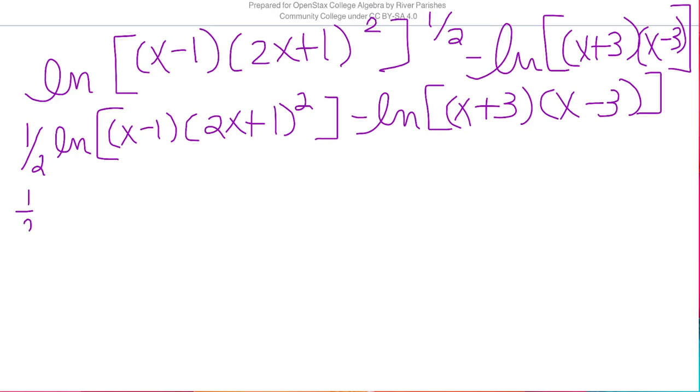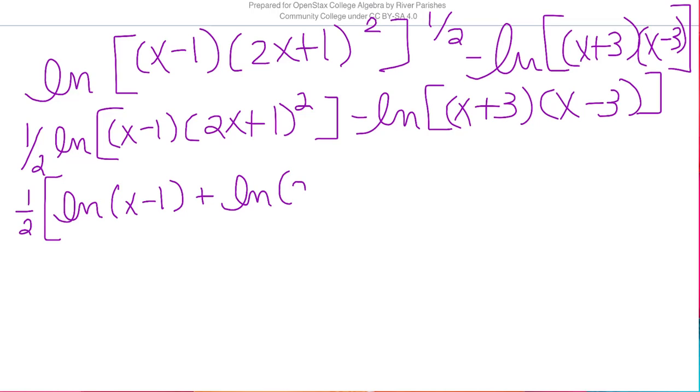So this is 1/2 times ln of (x minus 1) plus ln of (2x plus 1) squared. You could also write it with a 1/2 in front of each one, but we'll start off like that.